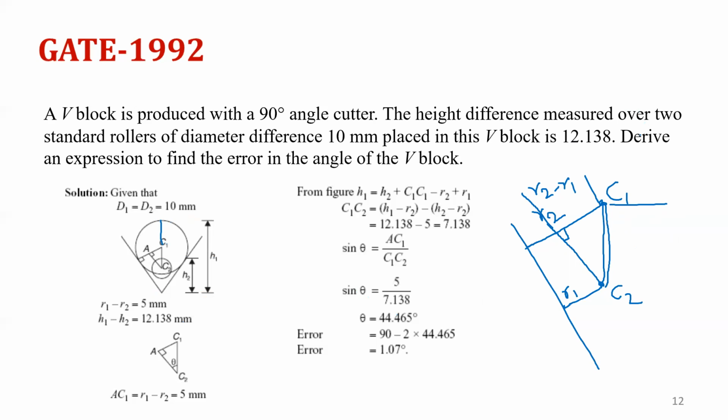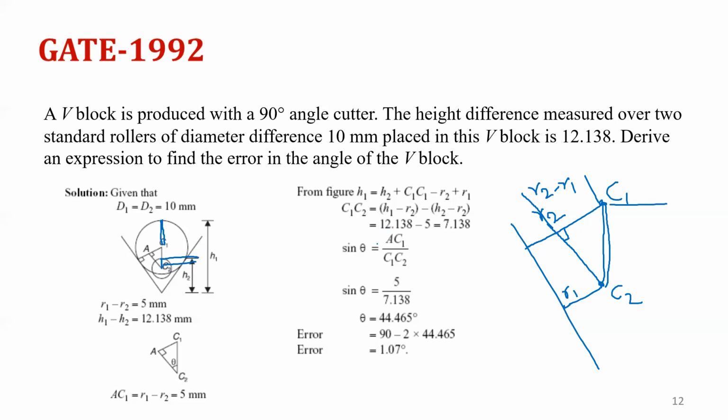From the figure, H1 is equal to H2 plus this distance C1C2 minus R2 plus R1, since this height is R1.